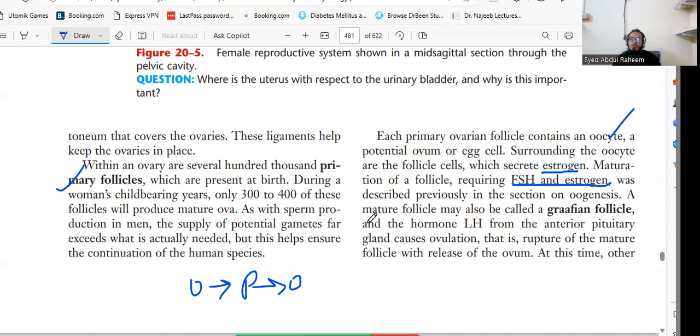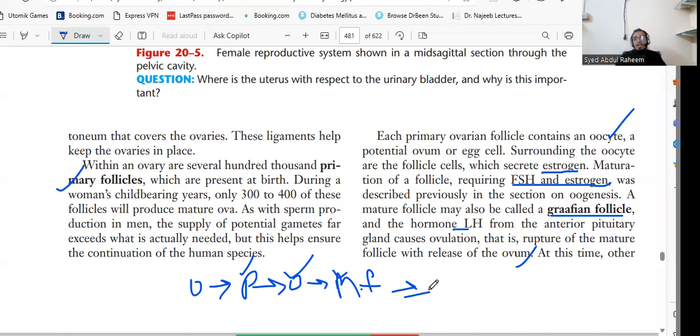Immature follicles are also called graafian follicles. So primary follicles, oocyte, and we need a mature follicle. The hormone LH from the anterior pituitary gland causes ovulation, that is, rupture of the mature follicle with release of the ovum. So primary follicle, oocyte, mature follicle, and then the release of the egg from that place.